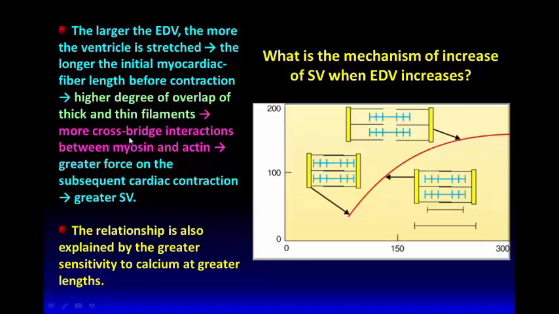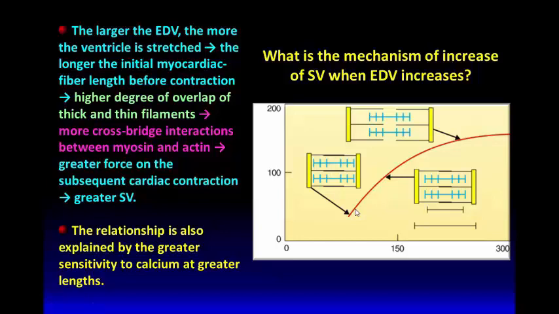Hence, more cross bridges are formed between actin and myosin, resulting in greater force and hence an increase in stroke volume.